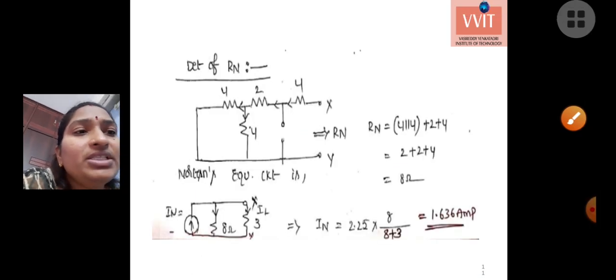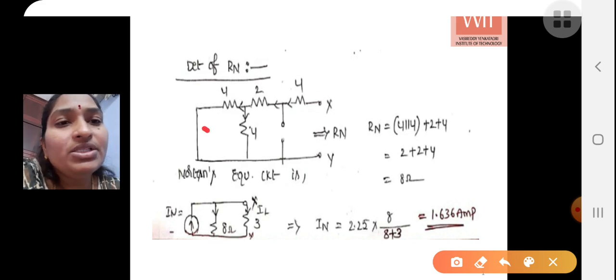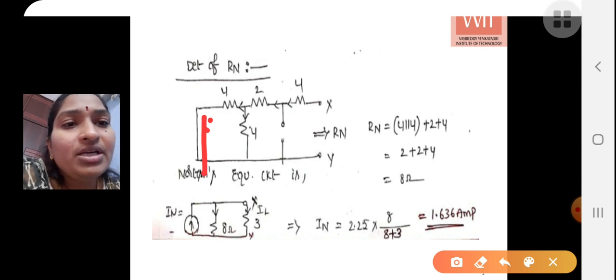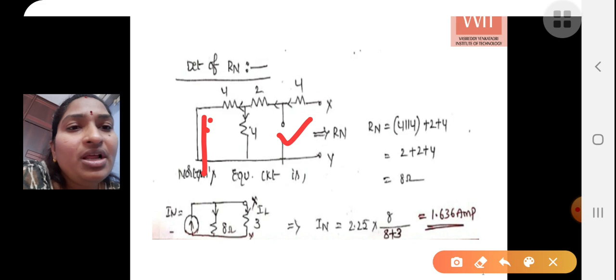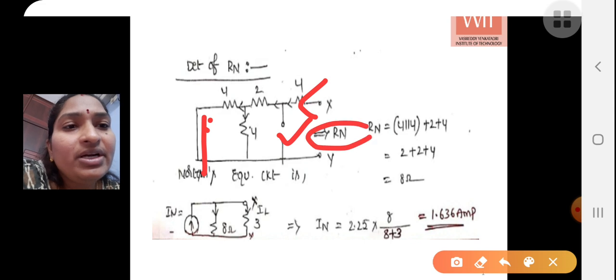And to find Norton's resistance, we have to remove all the sources. Here the voltage source is short circuited, and the current source is open circuited. Since we have only resistors here, and we are calculating Norton's equivalent resistance across X and Y, the current should enter like this and leave like this.